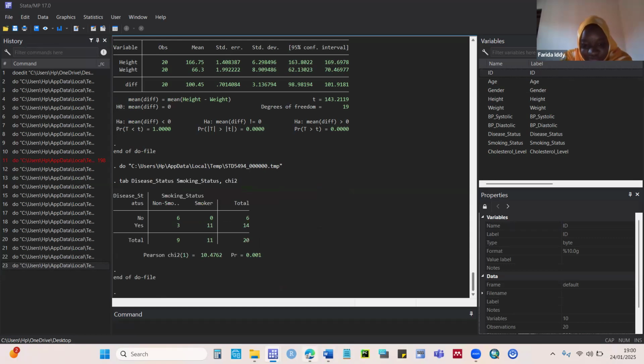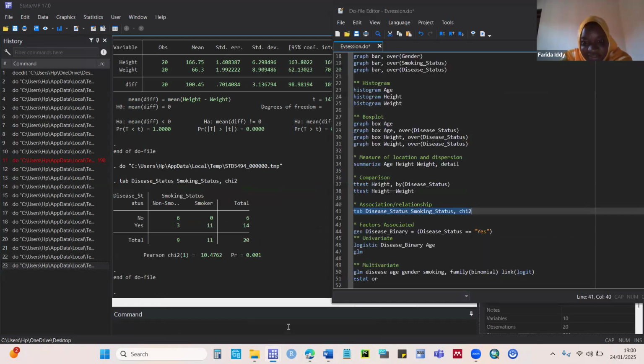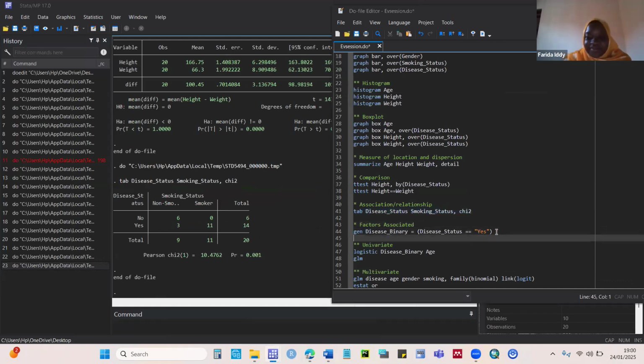So let's move to logistic. One thing you have to note in Stata, you need to code your variable. If it is binary, then you have to specify it as 1, 0. Or if it is categorical with more than two categories, then you need to recode them as 1, 2, 3.